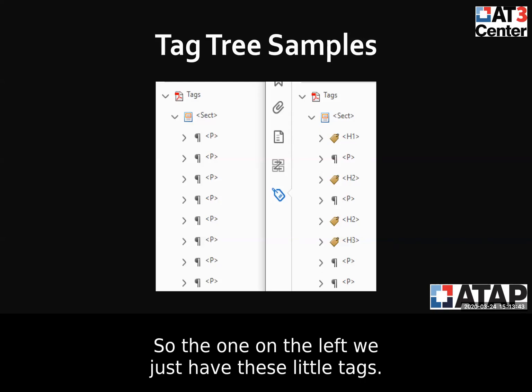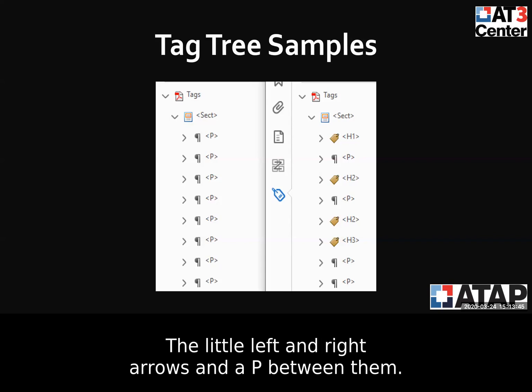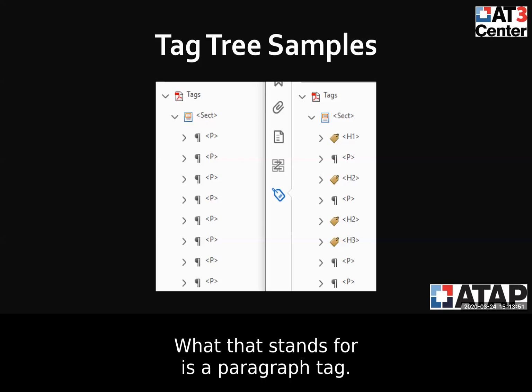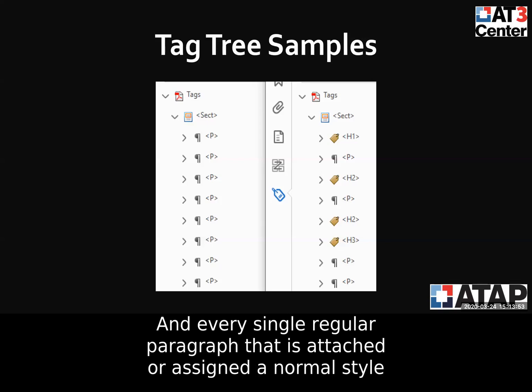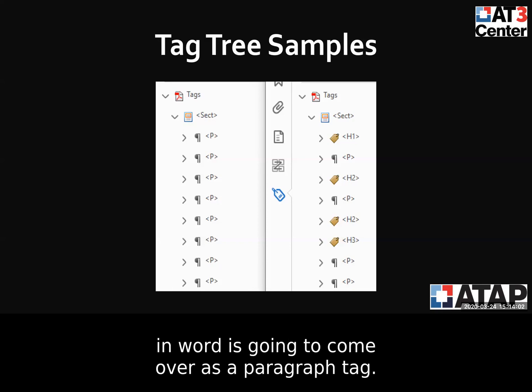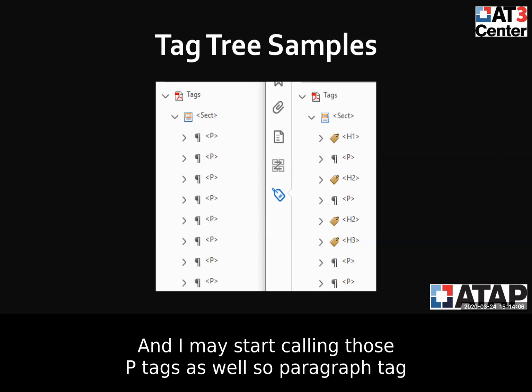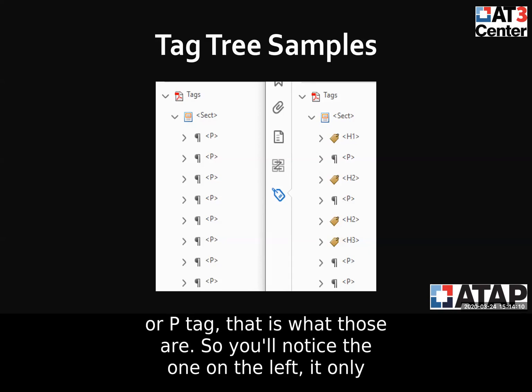So the one on the left, we just have these tags that look like little left and right arrows, and then a P between them. So what that stands for is a paragraph tag. And every single regular paragraph that's assigned a normal style in Word is going to come over as a paragraph tag. And I may start calling those P tags as well. So paragraph tag or P tag, that's what those are.